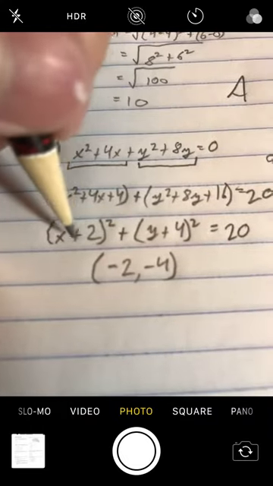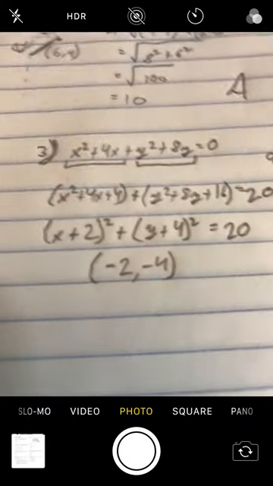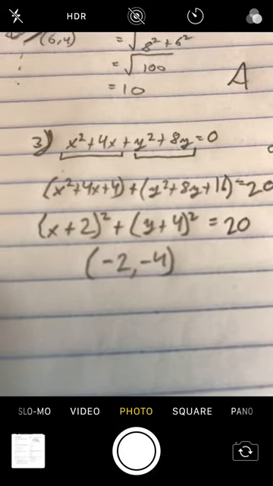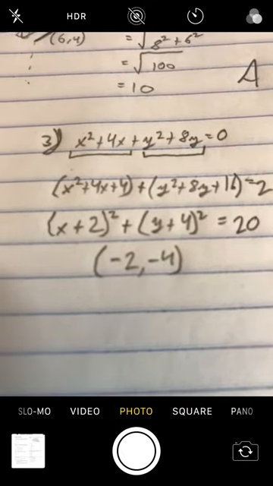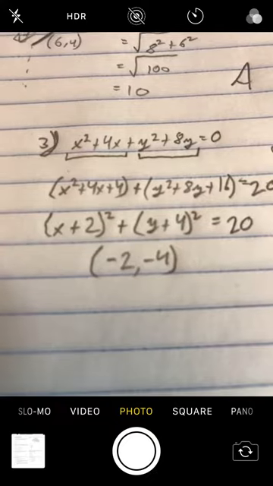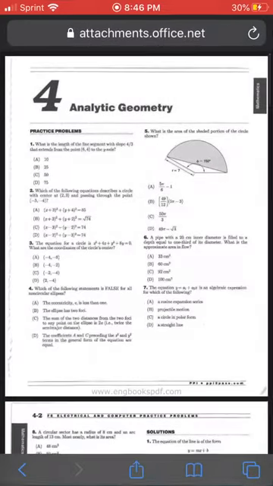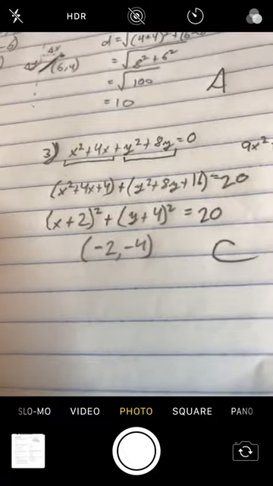Because remember, it's generally x minus h squared, but because it's a plus, we have to turn it into a -2. So if it's going to be -2, -4, our answer is going to be C. Okay, that wasn't too bad. Next up, number 4.